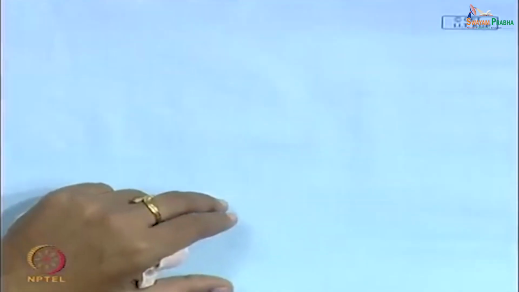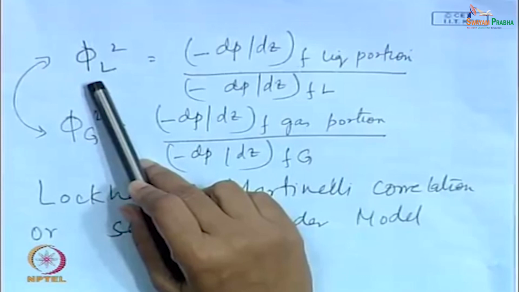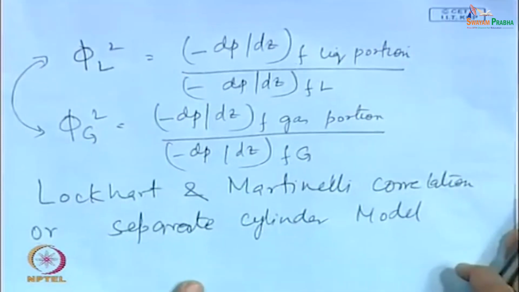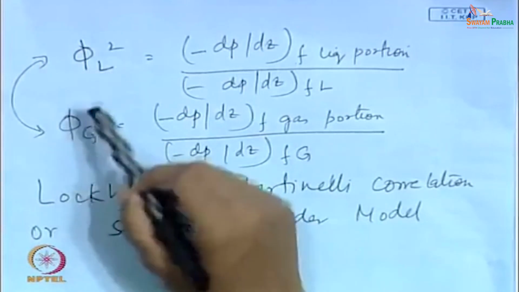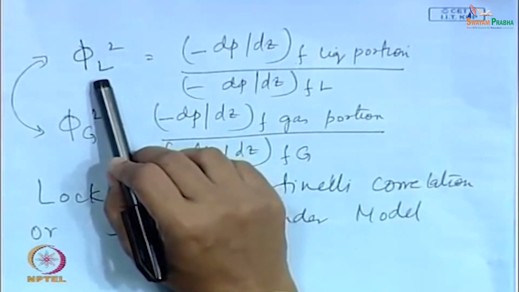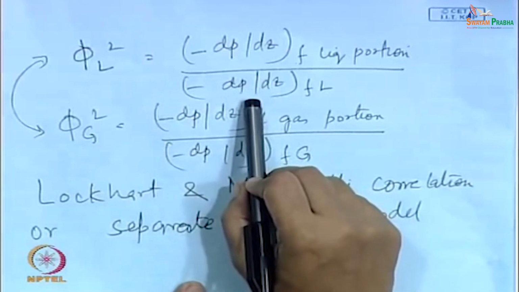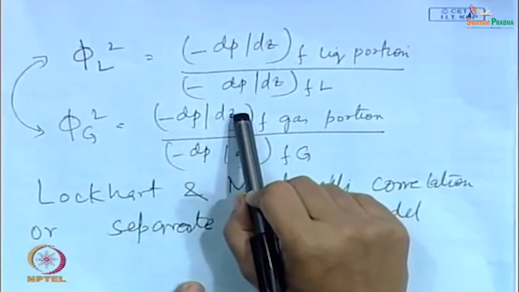In the last class I first discussed how, when we want an empirical, graphical or analytical expression for phi L square and phi g square, to define these two. Phi L square is the frictional pressure gradient in the two phase condition as a ratio of the frictional pressure gradient when the liquid content of that mixture flows alone in the pipe.